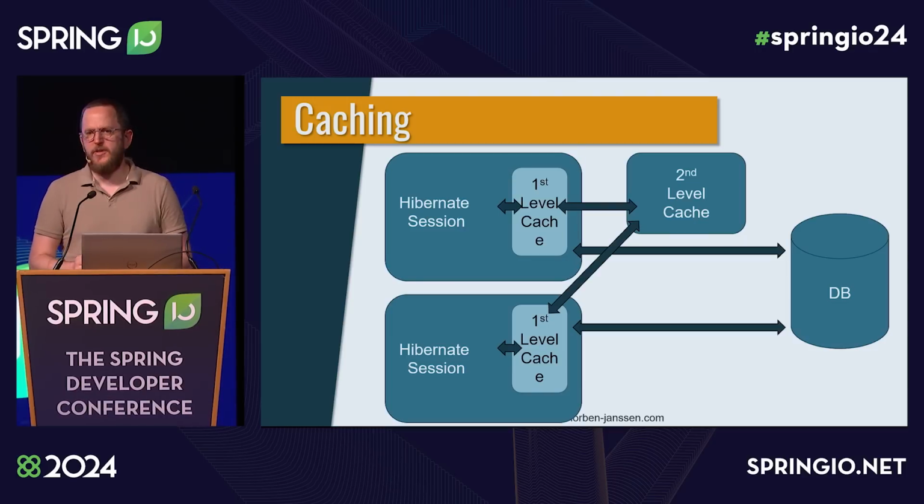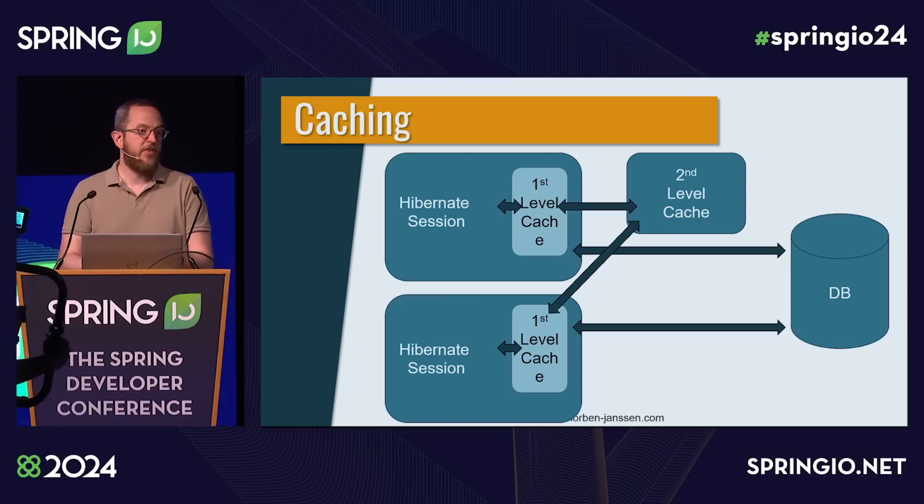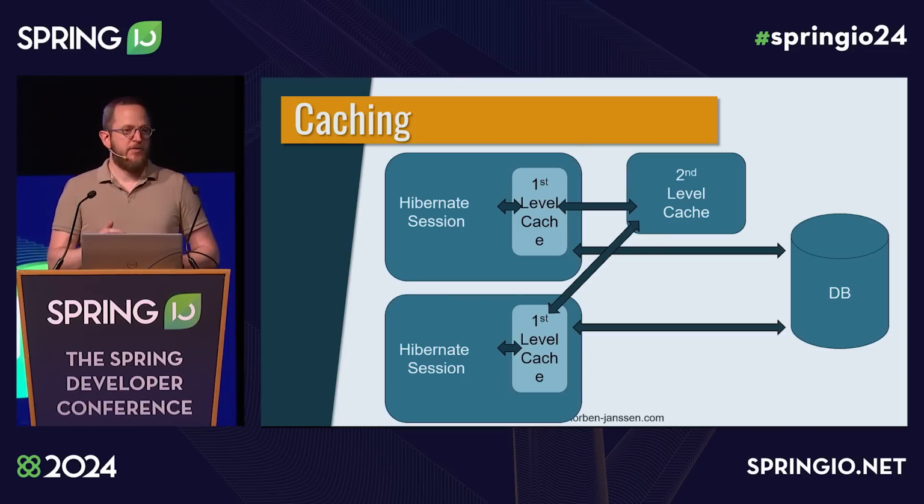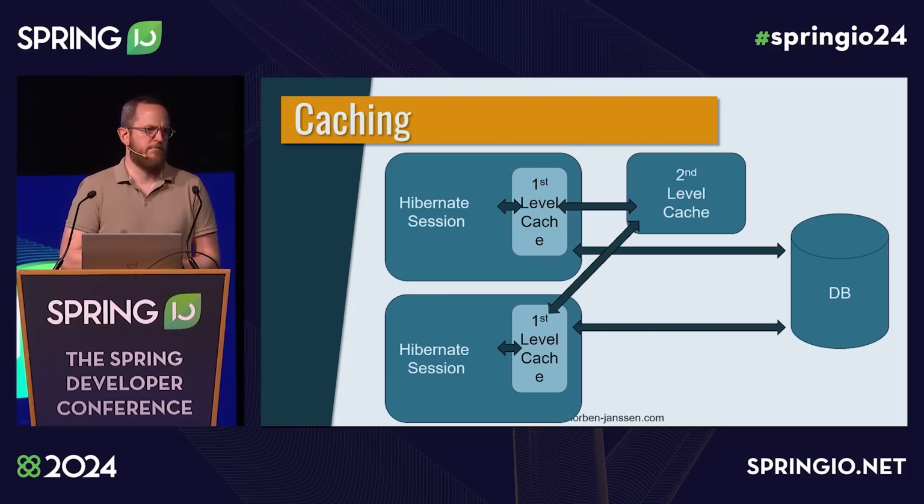Then we have the second level cache. The second level cache is session independent, and that's the thing where we can get a performance benefit by fetching entity objects that are used repeatedly by several calls to our backend. The second level cache has a management overhead like every cache. As a rule of thumb, you should only put entity objects in there that you read about 9 to 10 times for every modification.